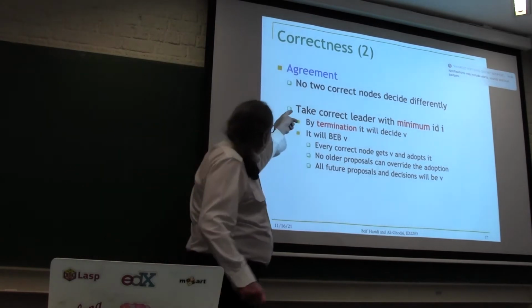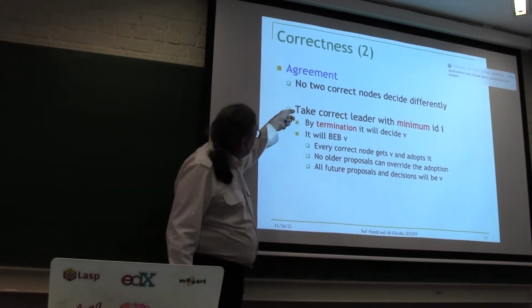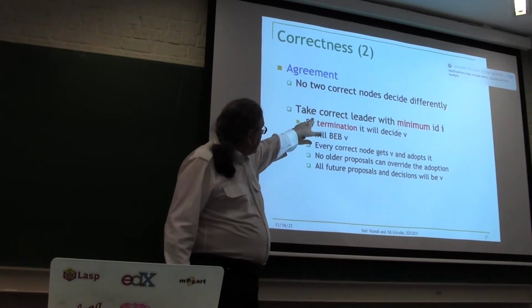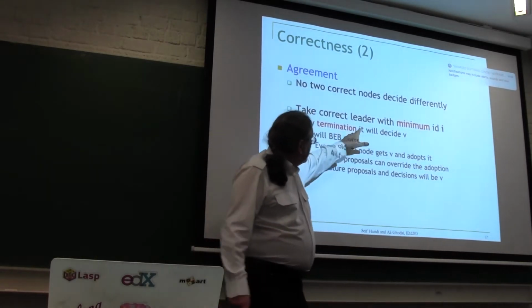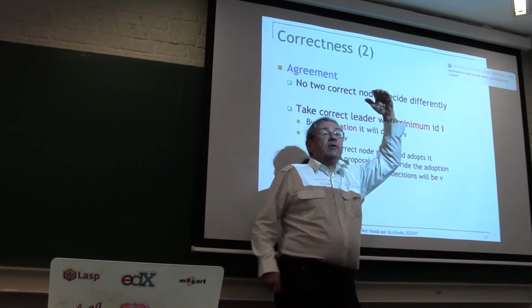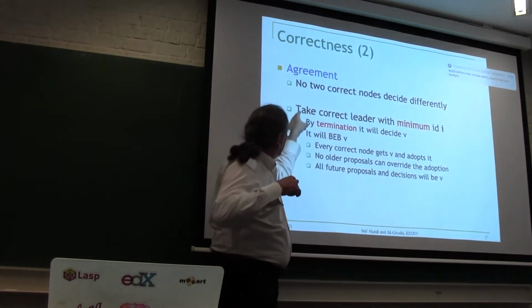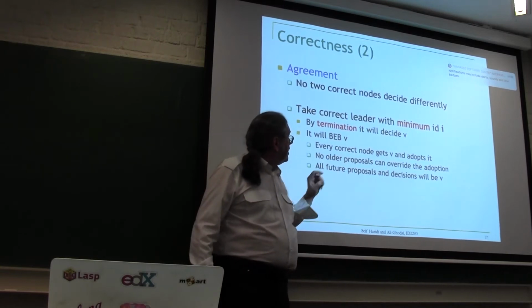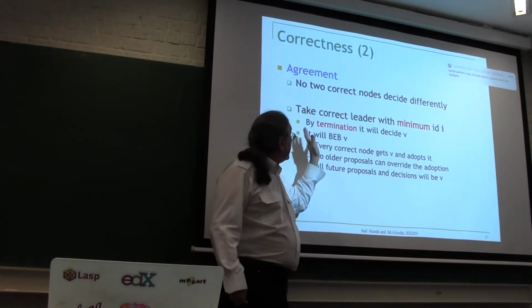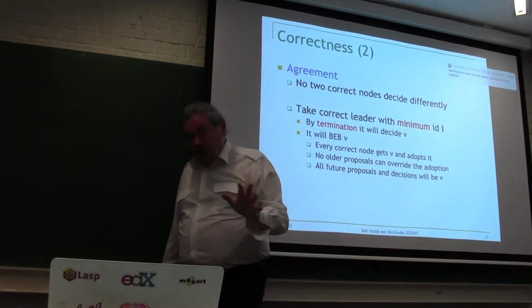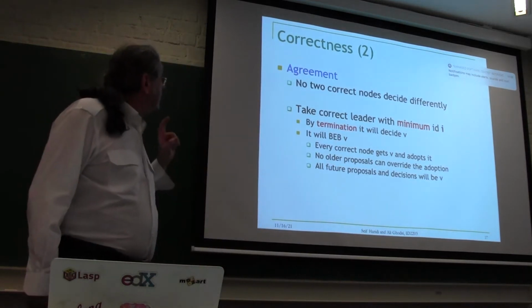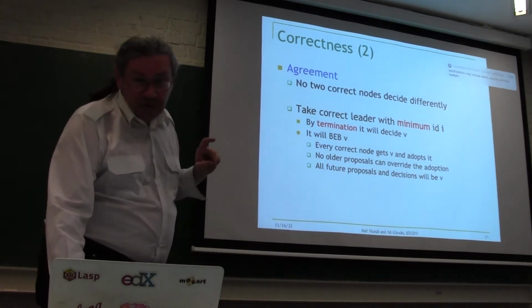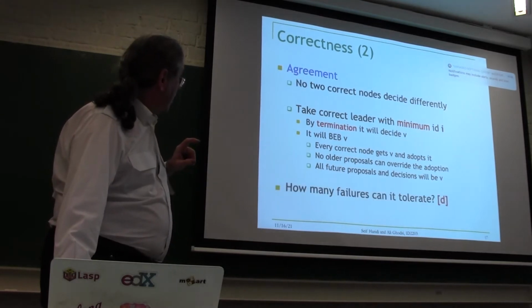And they will agree. For agreement, you have to take one of the leaders, the highest one. There will be a highest correct one, and that's the one that will decide and do a best effort broadcast of V, and everybody after will decide it. So this works because there is one correct leader with highest rank, a minimum ID, okay?